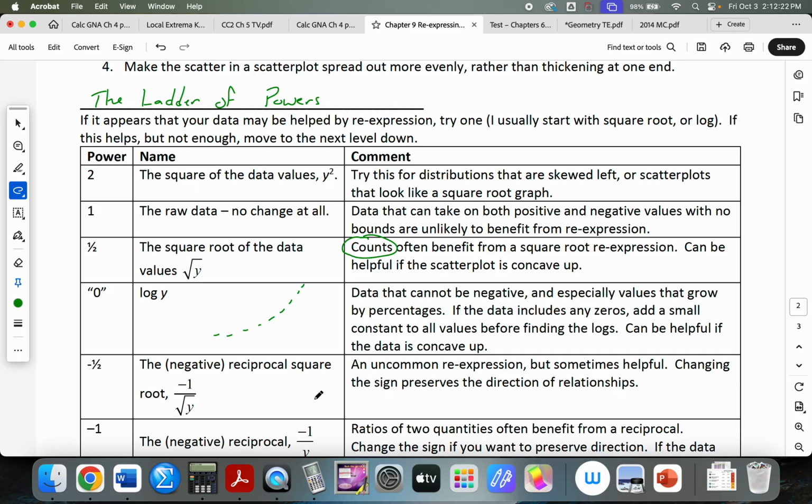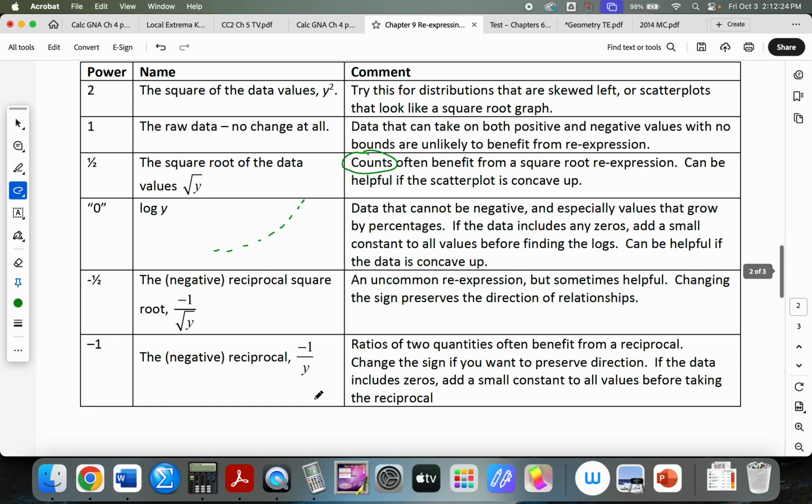And then you get to ones that I almost never use unless the problem specifically states what to do. So the negative reciprocal square root. Yuck. It's sometimes helpful. And then just negative 1 over the y values.